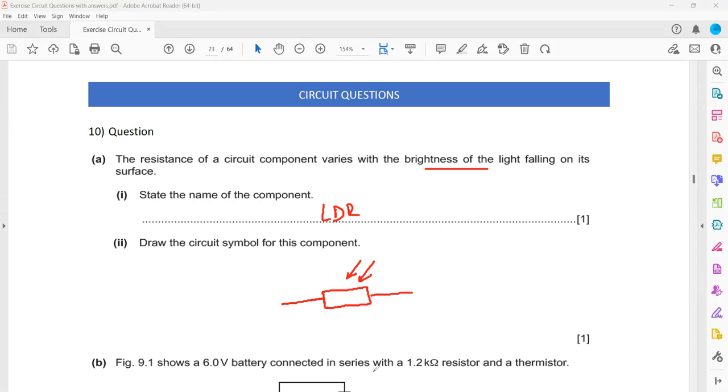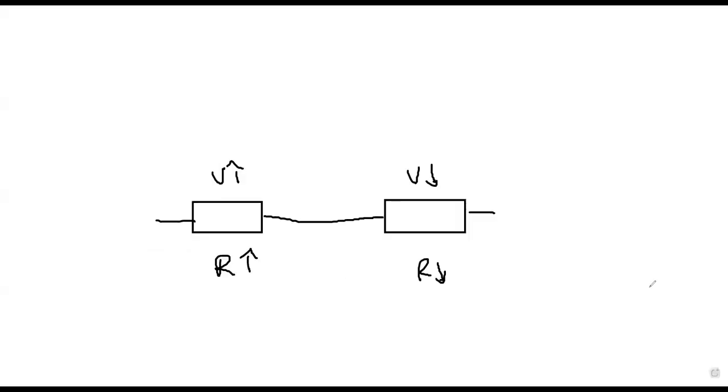There are three components which can change the resistance.